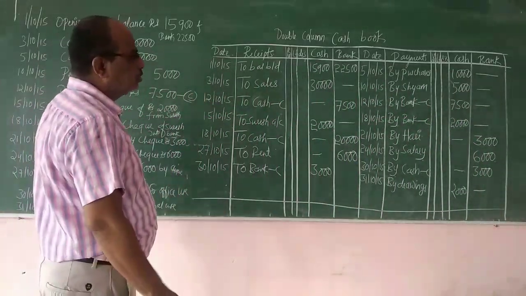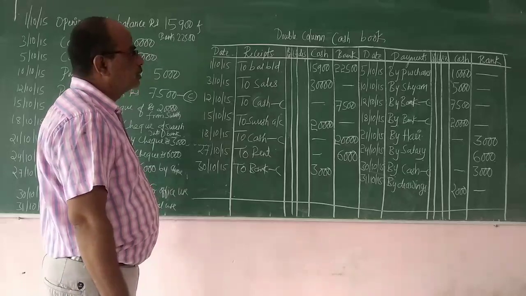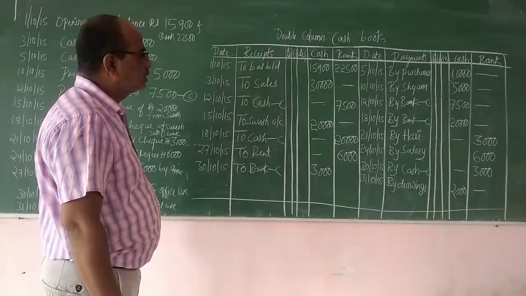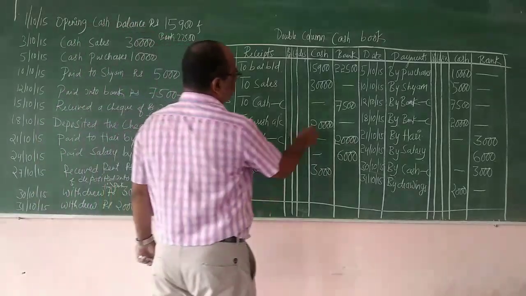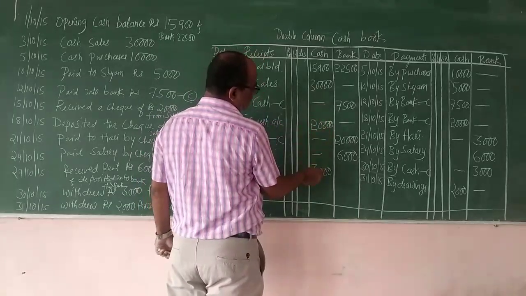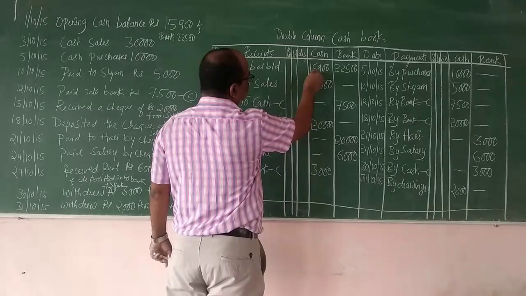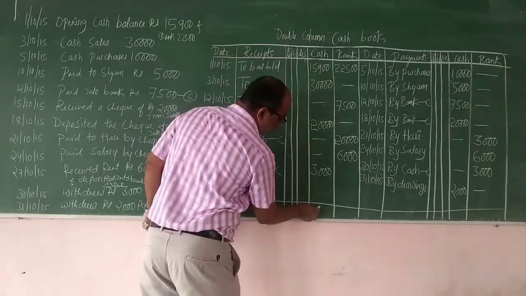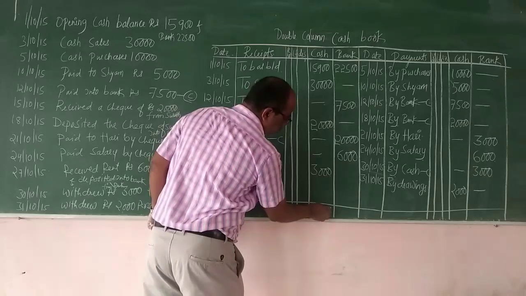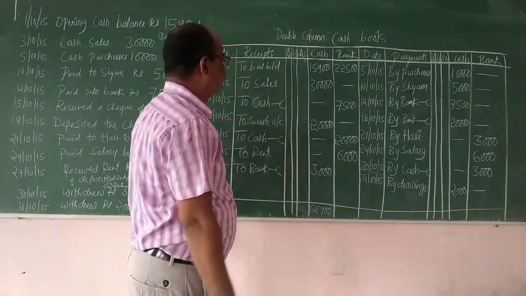So let us see now how much is the bank balance and how much is the cash balance. 68,900 is the total of cash receipts.